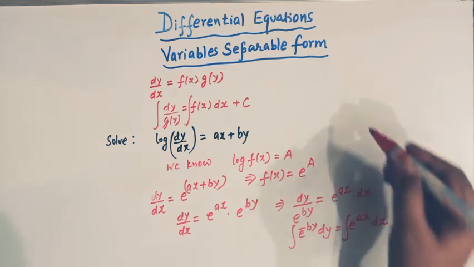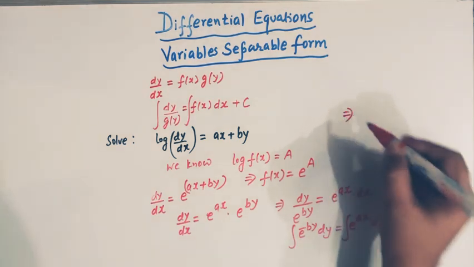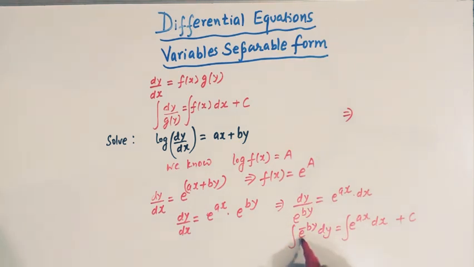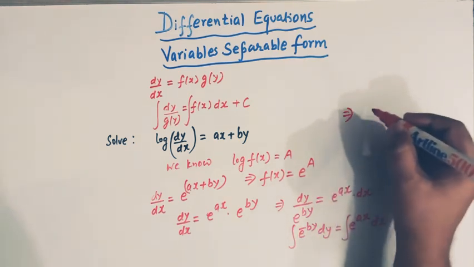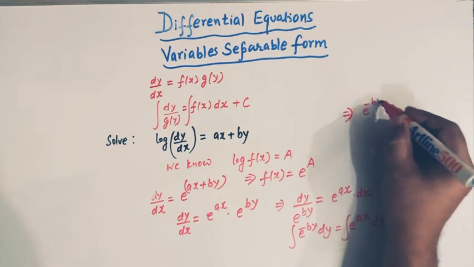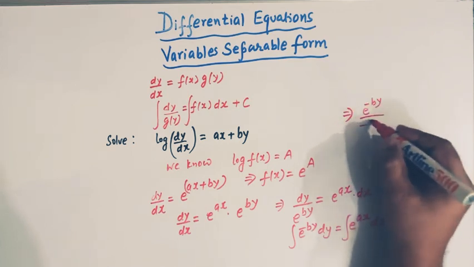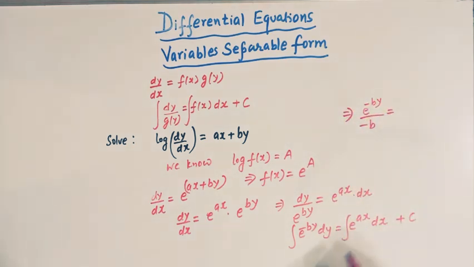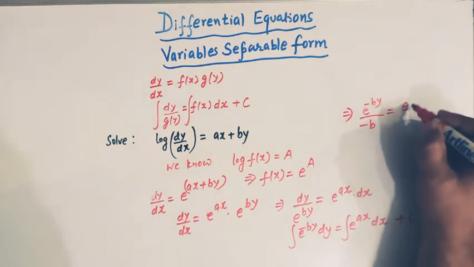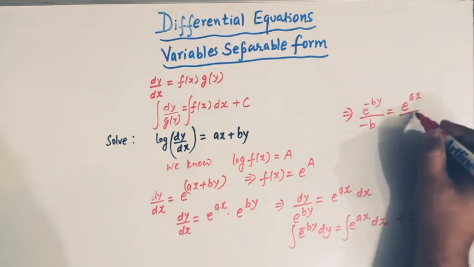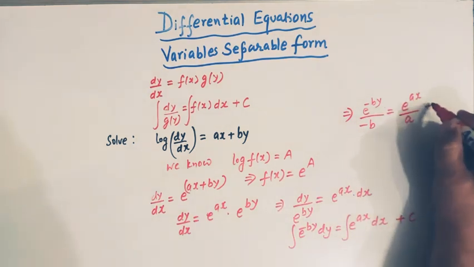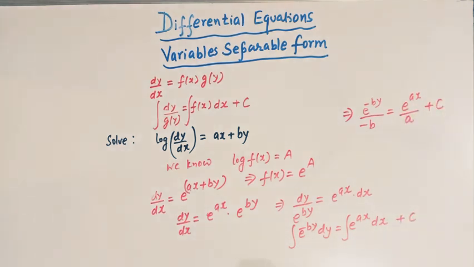The integral of e raised to minus by is e raised to minus by divided by minus b, and here we have e raised to ax divided by a, plus c.